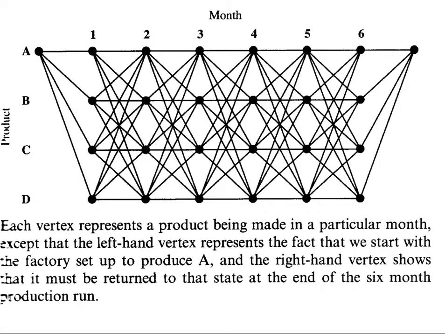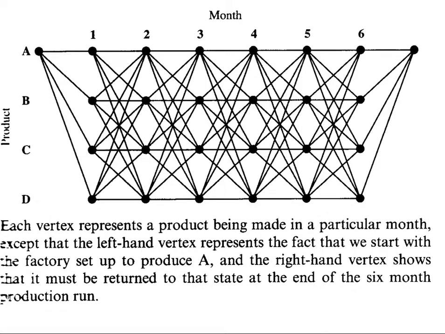In the first month, you can either carry on making A, or you could switch to B, or you could switch to C, or you could switch to D. Then after, wherever you are, say you went to do C in the first month, second month you could either switch to A, which is going up that line, B, which is going up that line, stay on C, which is that line, or go again to D. So that network there is showing you all the possibilities there are for that 6-month production process.